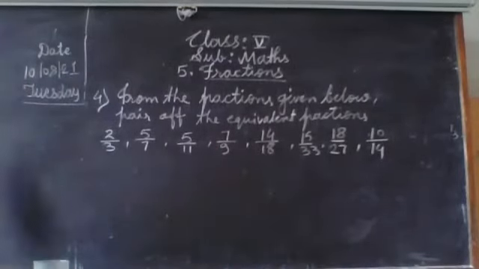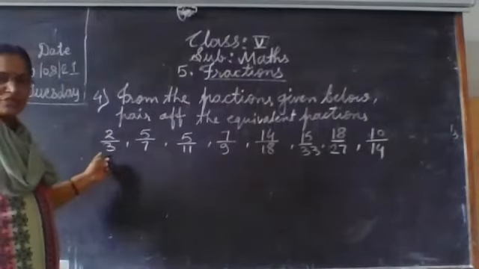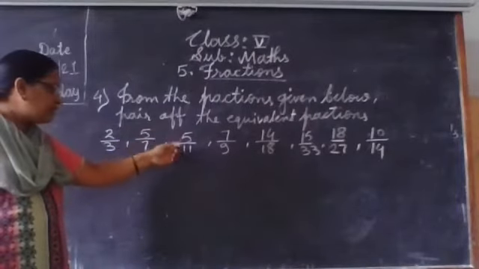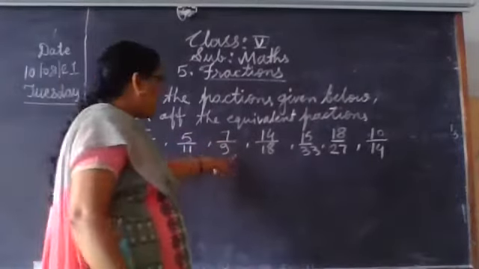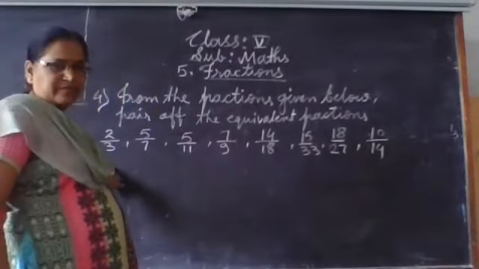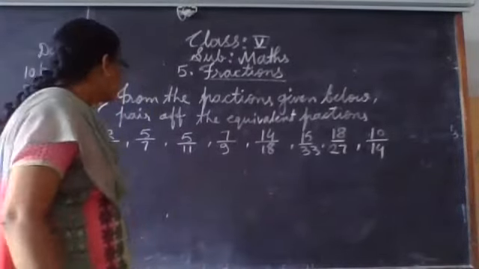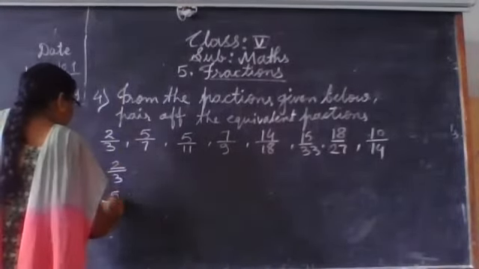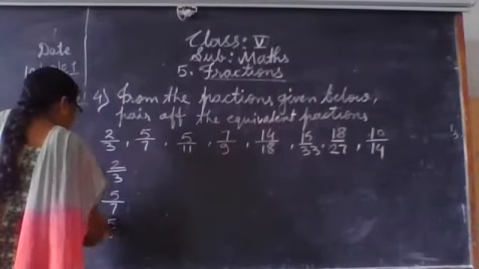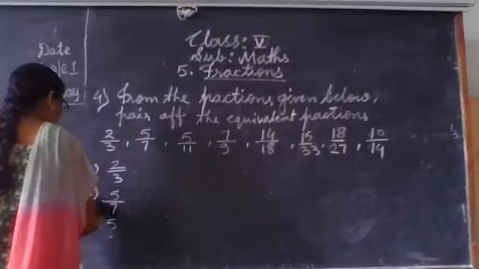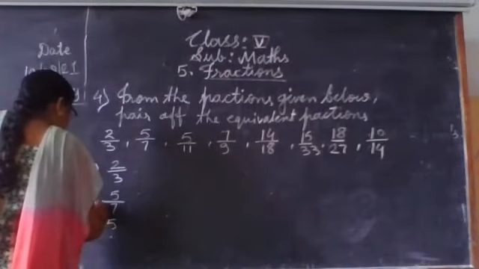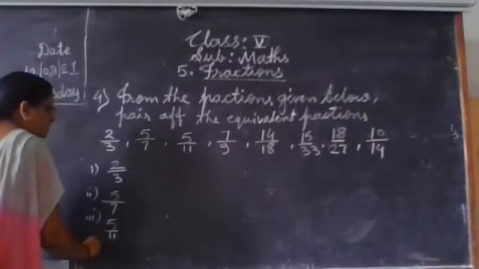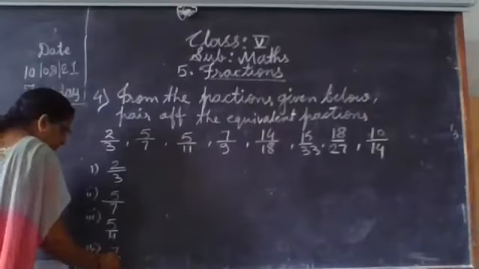Okay, now see, 2 upon 3. It is a prime number. 5 upon 7, both are prime numbers. Here 5 upon 11, and 7 upon 9. So up to this, they are prime numbers. Okay, and see 2 upon 3, 5 upon 7, 5 upon 11, and the last one is 7 upon 9.